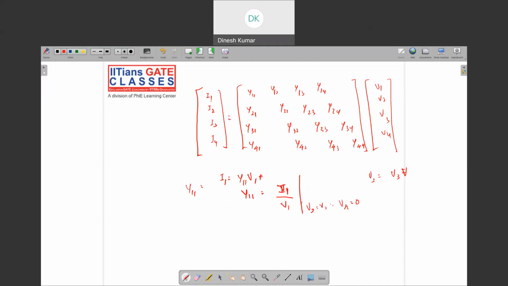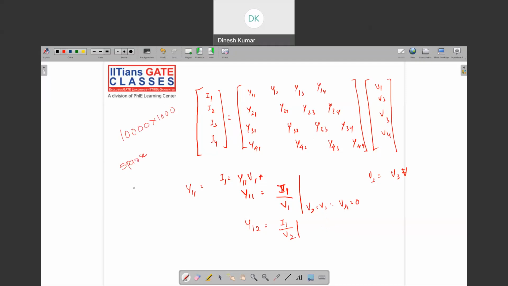So similarly, we can check what is Y12. So Y12 will be I1 by V2, and all other buses are basically 0. So in this way we can find it. If you consider a very large network having more than 10,000 or 20,000 buses, then the Y matrix will be basically sparse.